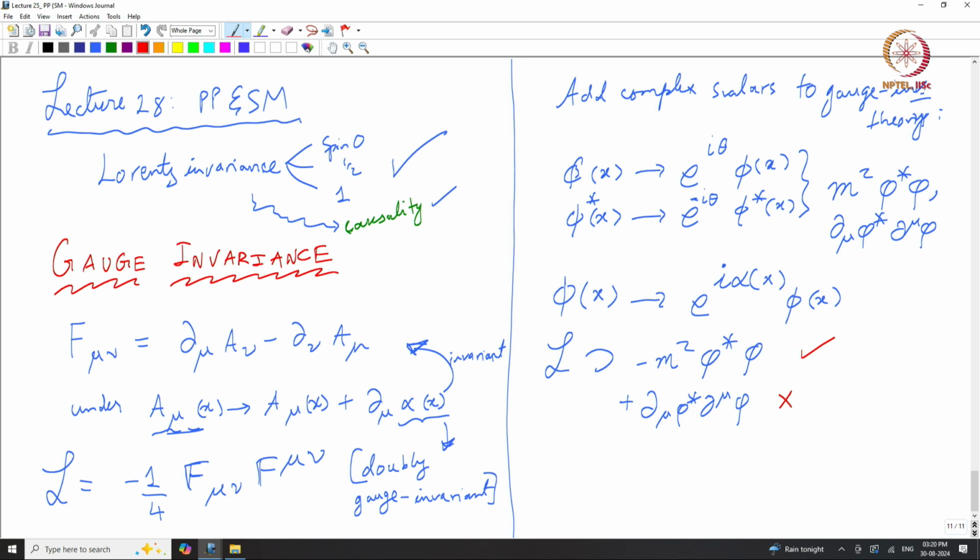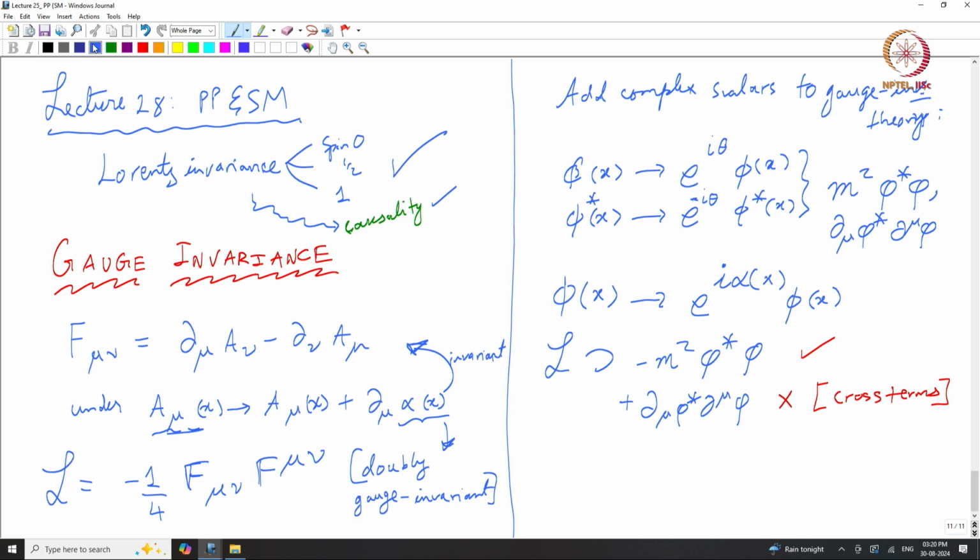How do you see that? You do the expansion, right, and you see that some of the phases cancel each other, but then I also have to differentiate with respect to alpha, correct? And then the alpha terms contain cross terms that do not actually go away. So, because of cross terms, the kinetic term is not gauge invariant.